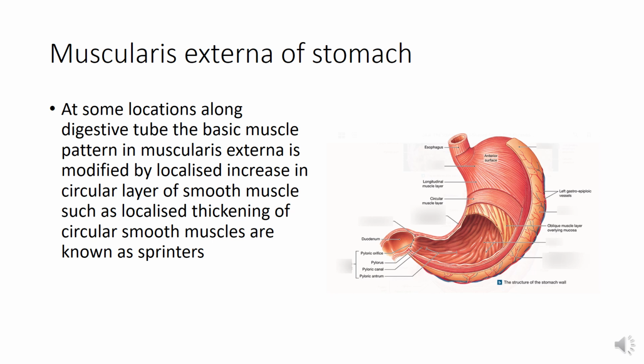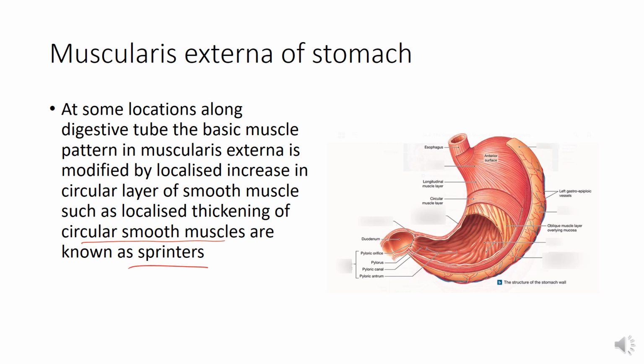At some locations along the digestive tube, the basic muscle pattern in muscularis externa is modified by localized increase in the circular layer of smooth muscle, such as thickening of the circular layer of smooth muscle produces the sphincter in the pyloric region.